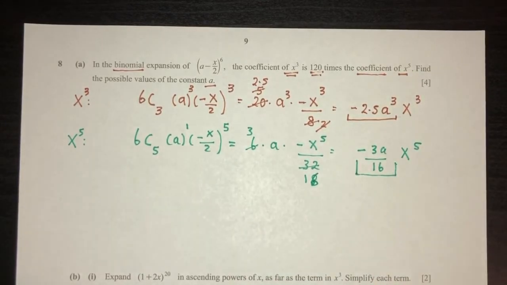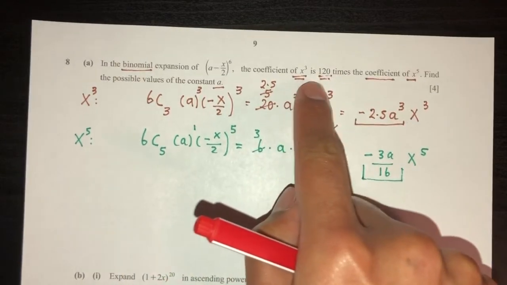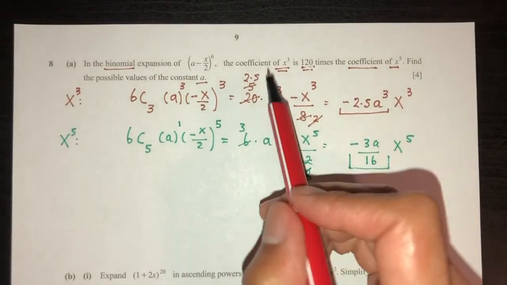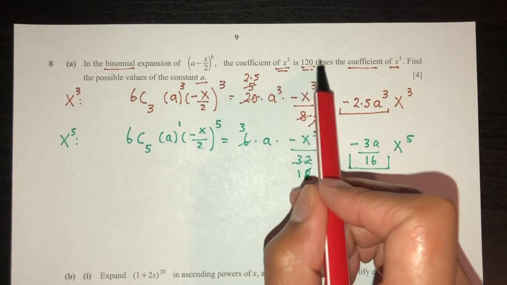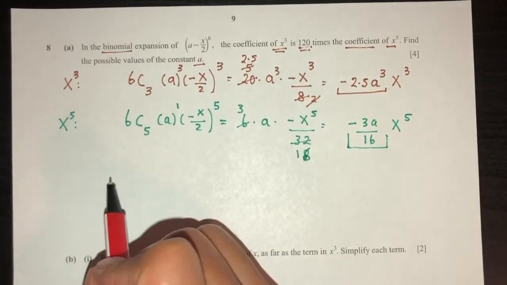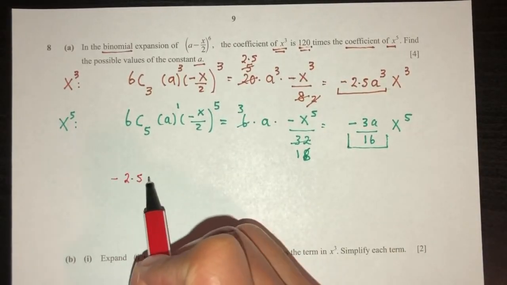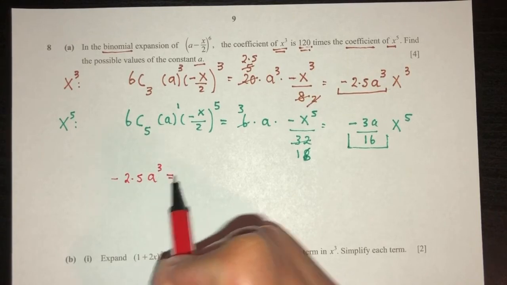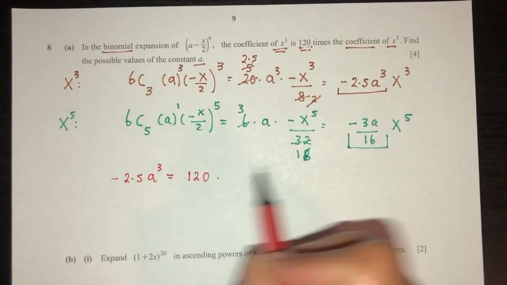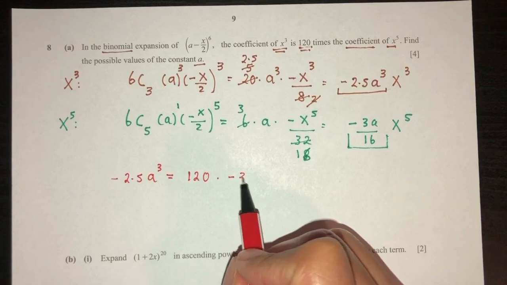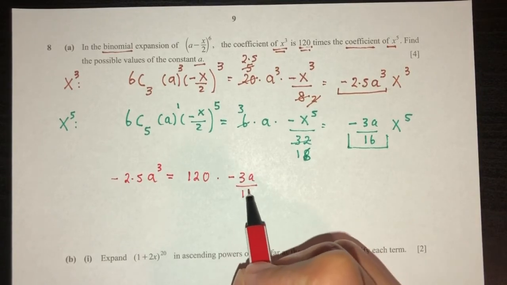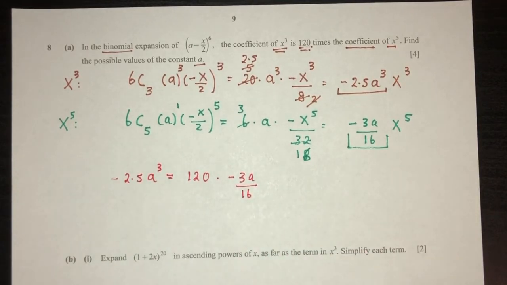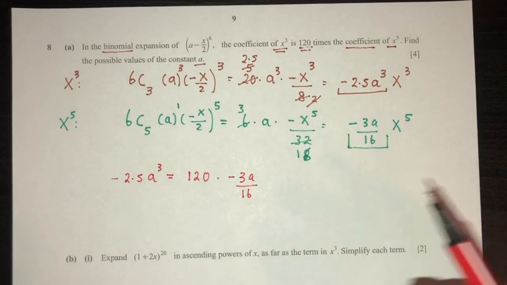Okay, so now we have to use the information that we have here, which says the coefficient of this is 120 times this one. So minus 2.5 a cubed is 120 times minus 3a over 16. Okay, now let's see what we can have.